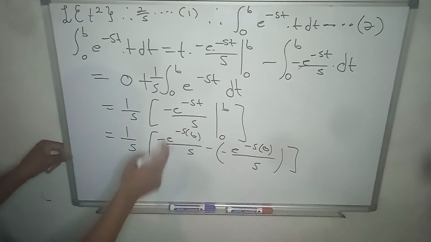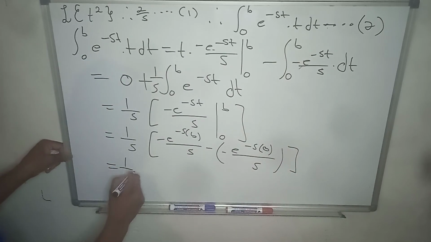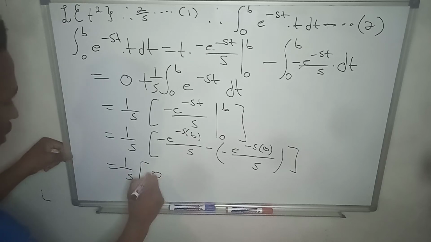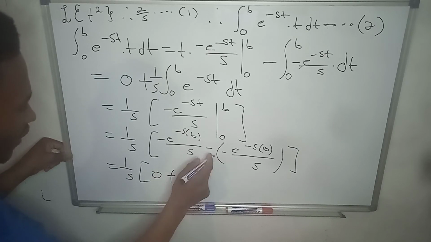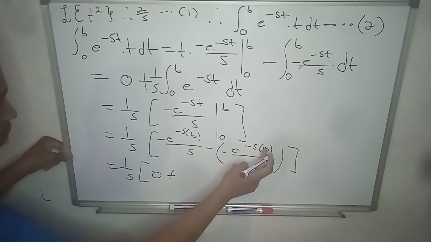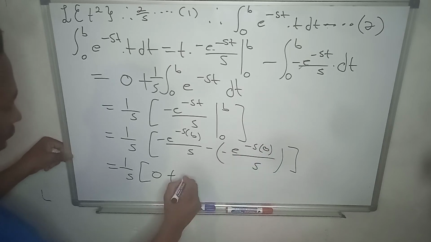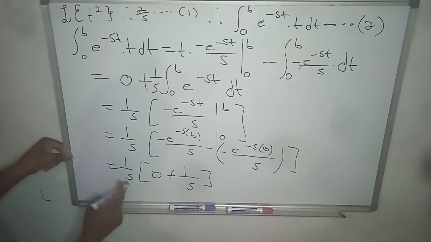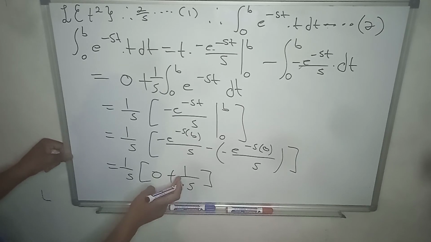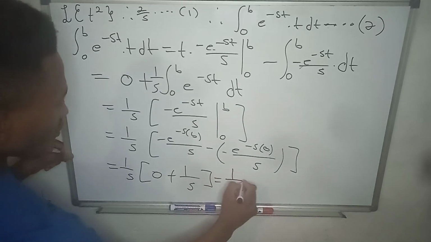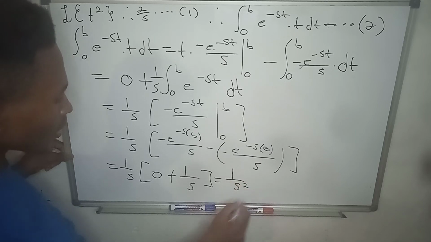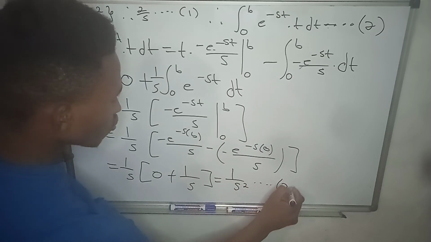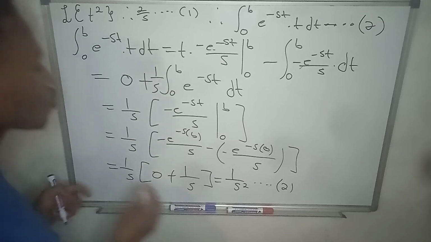The first thing will give me 0, as I've already explained. So this will be 0 plus, negative negative plus. Anything raised to the power 0 will just give us 1, so it will be 1 over s. So 1 over s times 1 over s is 1 over s squared. This is my equation 2.